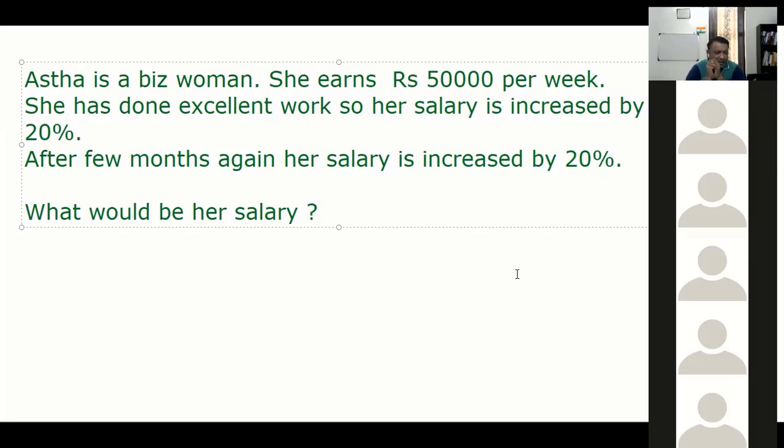So everybody, Mudit says 70,000 will be her salary. Everybody should write, 70,000 means what, Mudit? What would be her final salary? Her final new salary, after all the changes. Everybody try.